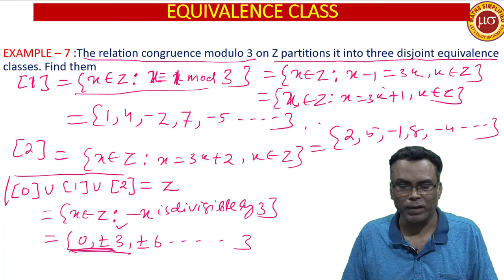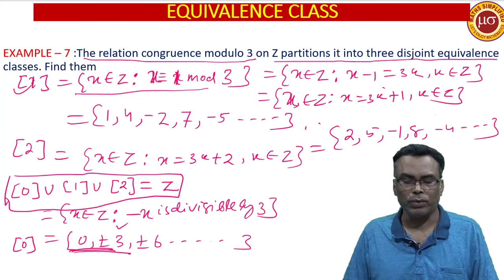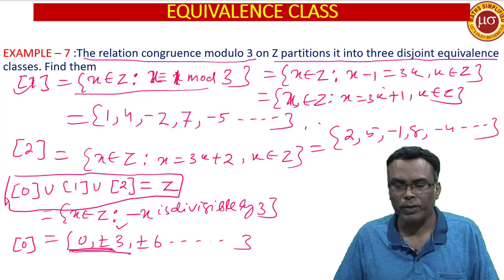Now look, these three equivalence classes of 0, 1 and 2: is there anything common between any two?